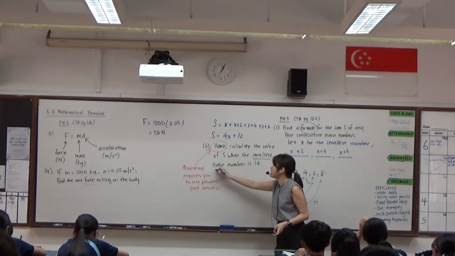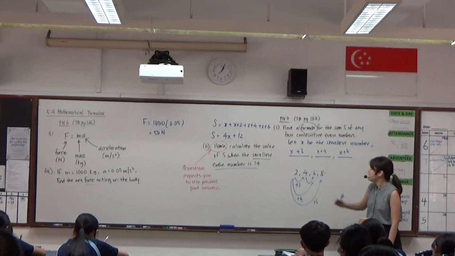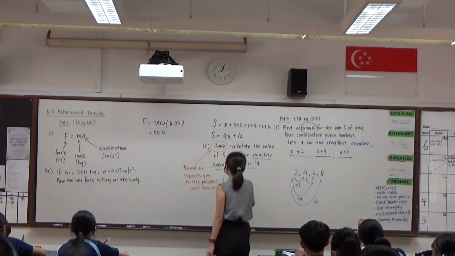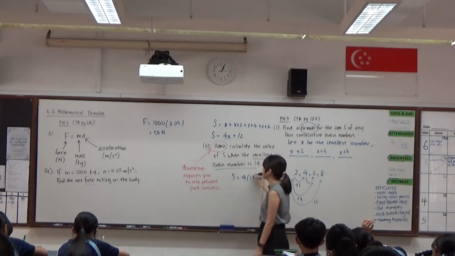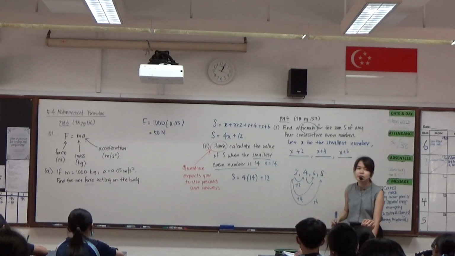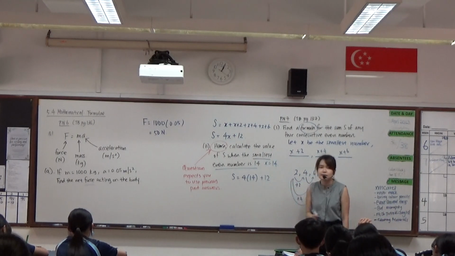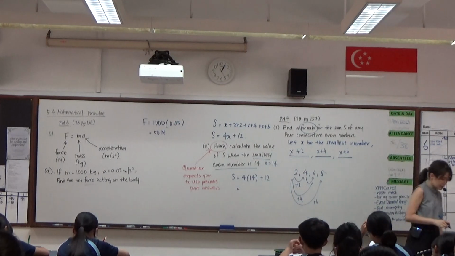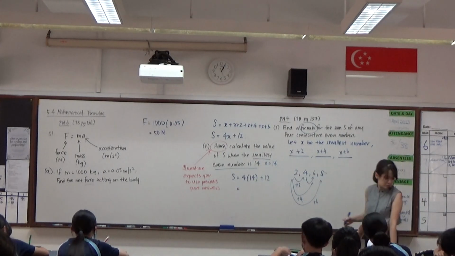The question said that the smallest number is 14, and our x was defined to be the smallest number. So S equals 4 times 14 plus 12. Because x is 14, put it inside your formula and it will generate the answer, 68.